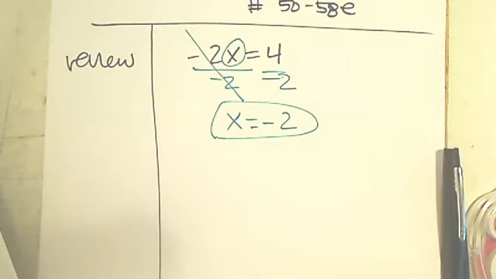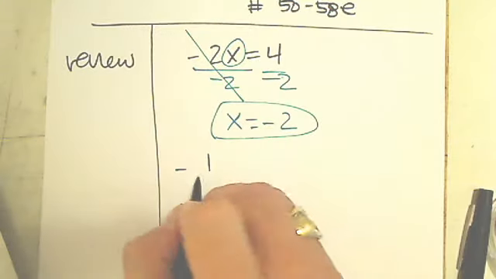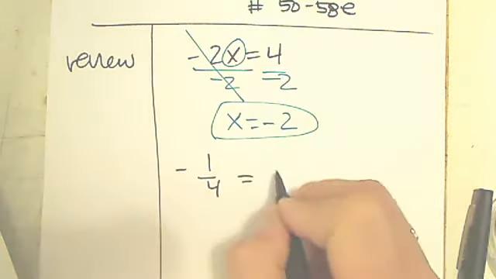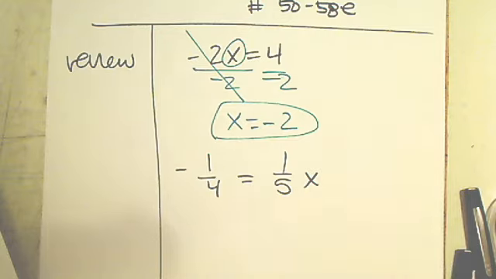Okay. Let's wake up now. Do this one. Talk to your neighbor. Negative 1/4 equals negative 1/5 x. So again here, you're still solving for a variable, but I have to get rid of that 1/5 in front.